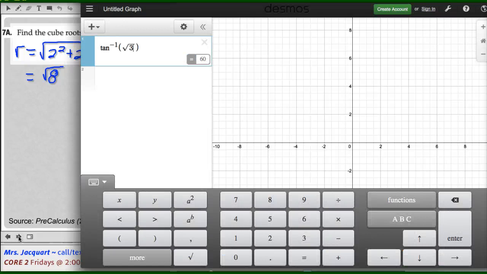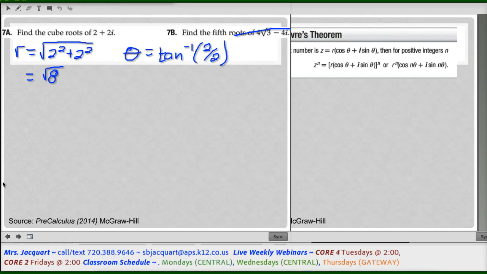So using our graphing calculator, we're going to do inverse tangent of 2 divided by 2. It's going to give us 45 degrees. So theta equals 45 degrees.